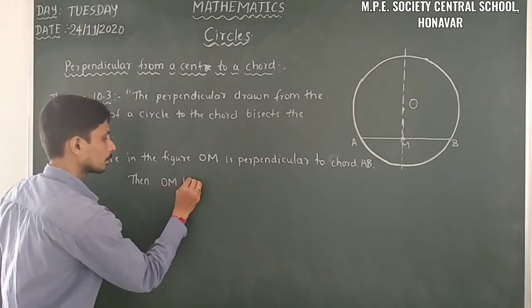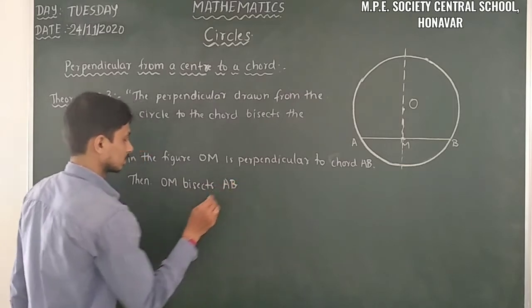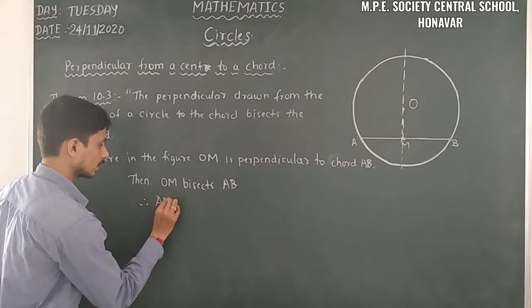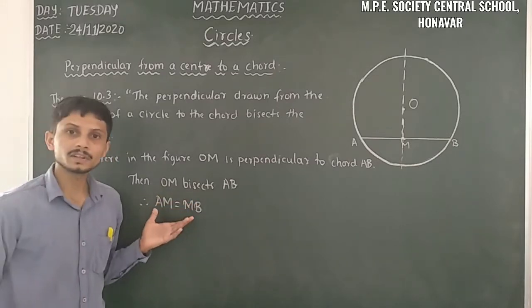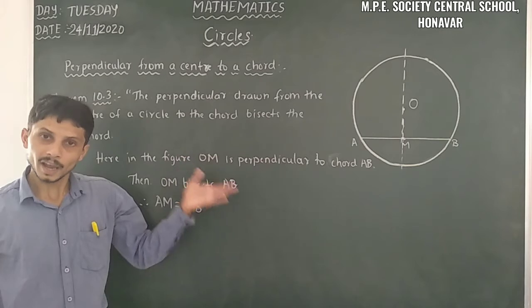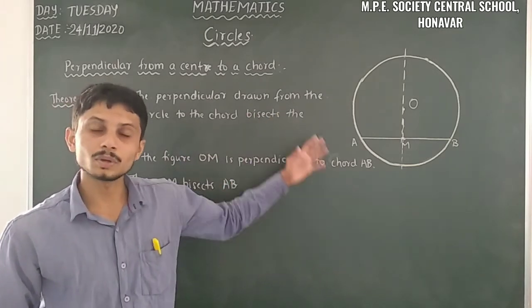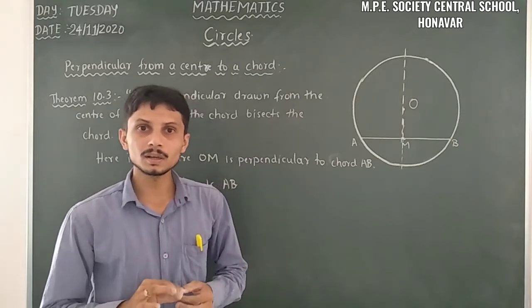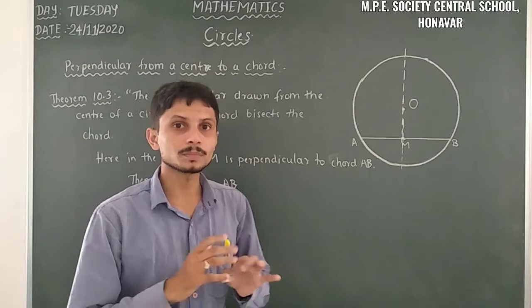Therefore, AM is equal to MB. So from the activity we get this: when we draw a perpendicular from the center of the circle to a chord, the chord bisects into two equal parts. So let us move on to the converse of this theorem.